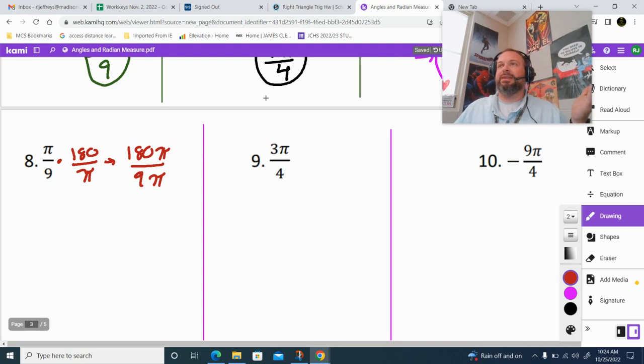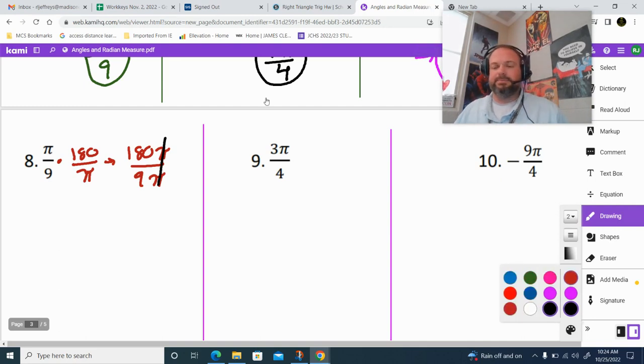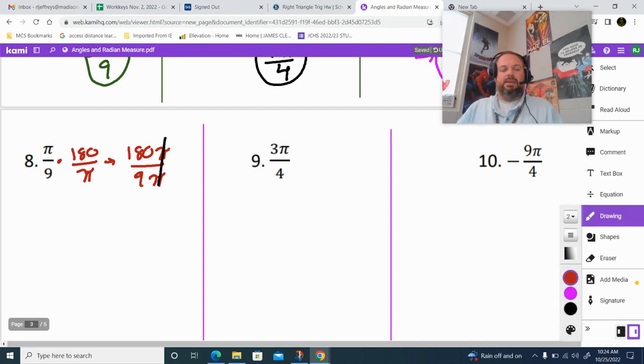Just in time for the holiday season to be talking about pi. All right, our pi's cancel. And then we would just say 180 over 9. We get 20 degrees.